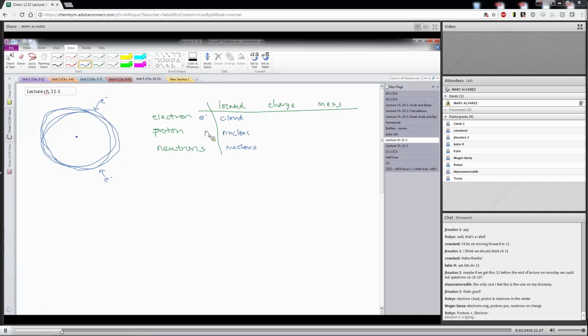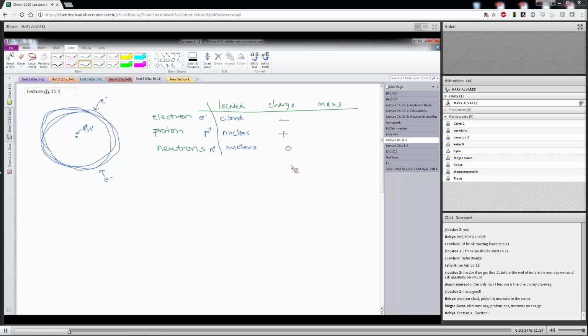We can call this little P plus for proton and an N0 for neutrons. Excellent. Electrons have a negative charge, protons have a positive charge, neutrons have no charge.